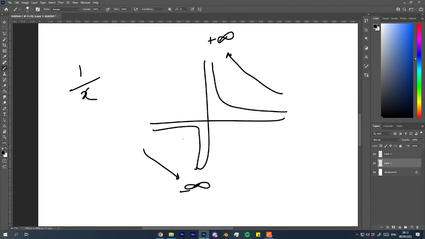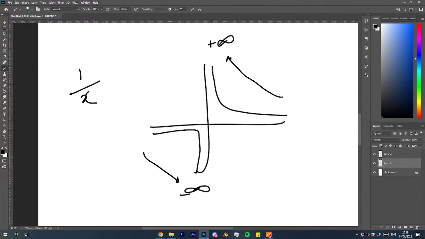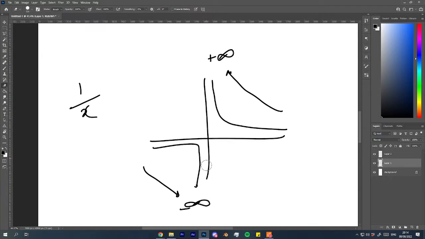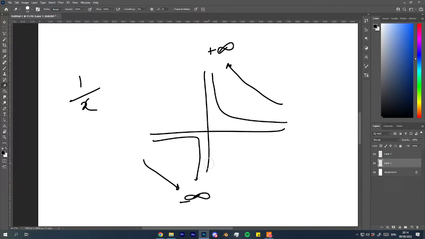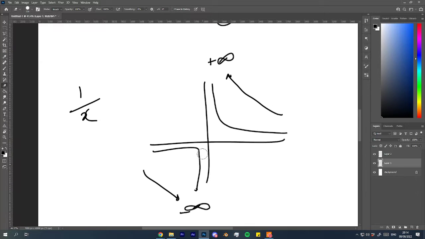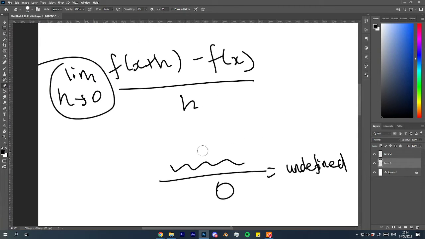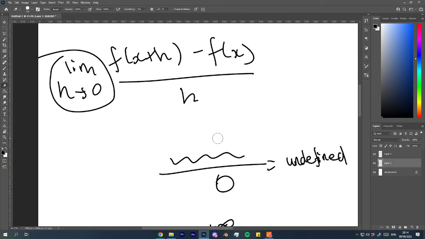They never do actually touch this y-axis line. They never actually touch. However, they approach it. And that's why we get two different answers in this case. With differentiation, however, you are able to manipulate it using algebraic skills, and we can get a single answer.